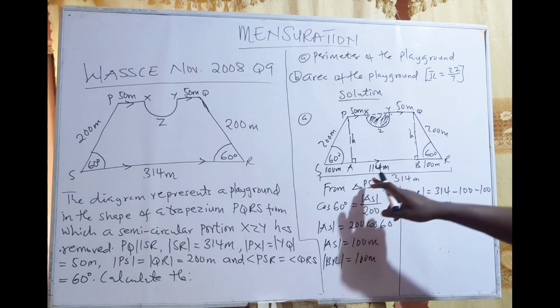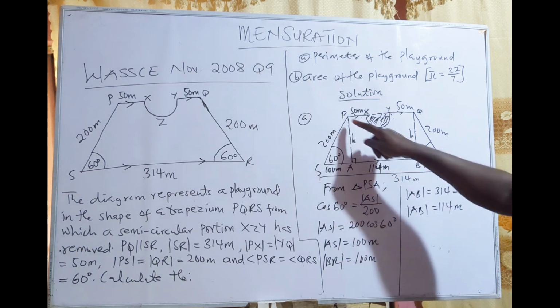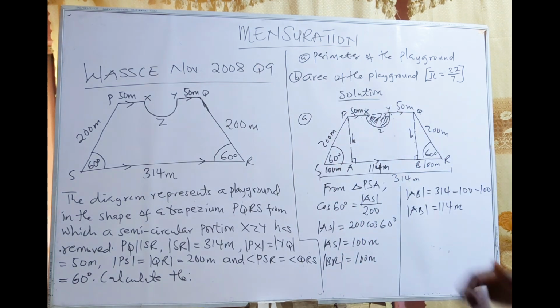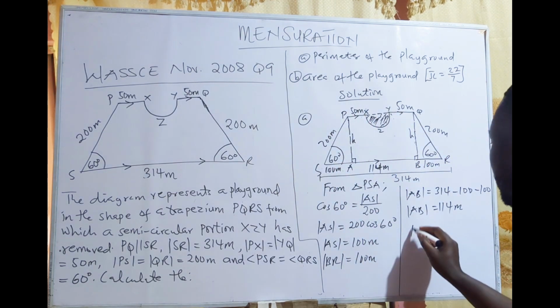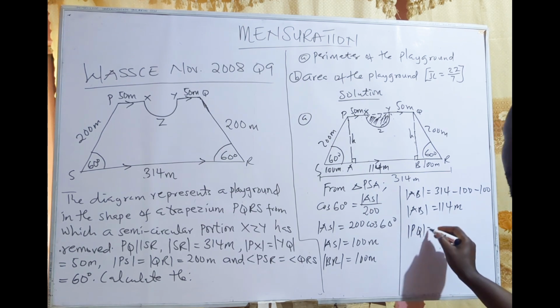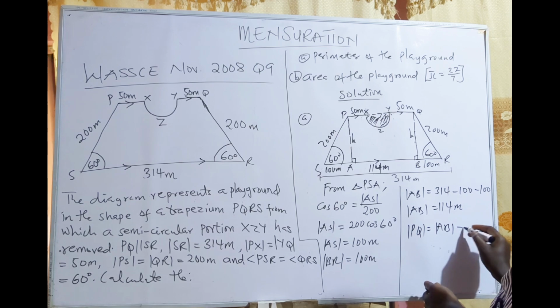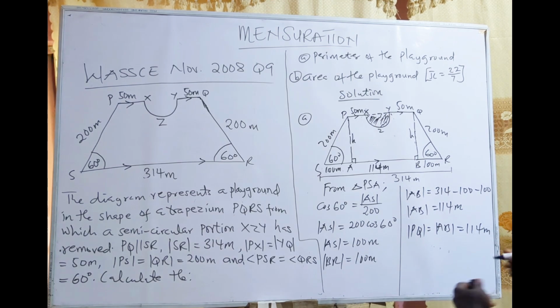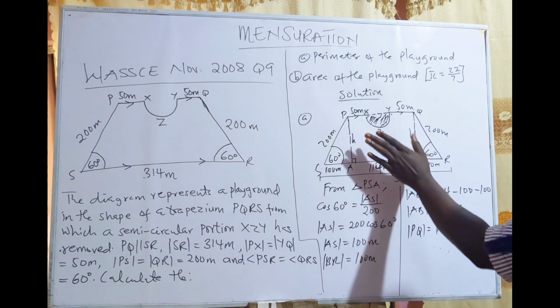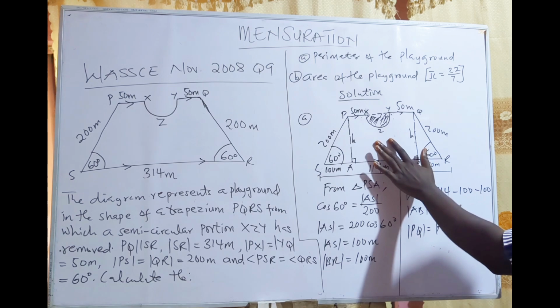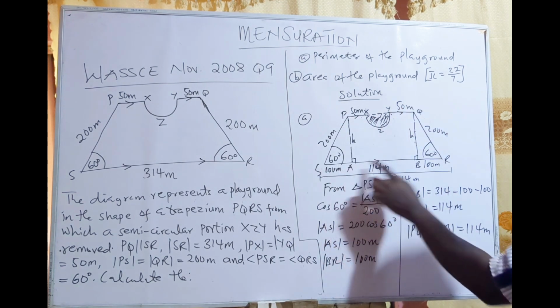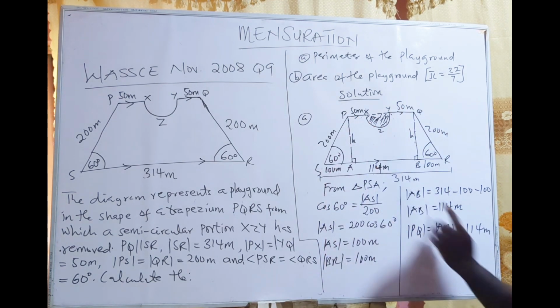So I've gotten AB as 114. Then what I need to calculate is the XY. We know PQ is also the same as AB, which is 114 meters. Because this has become a rectangle, PQ is the same as AB, which is 114 meters.